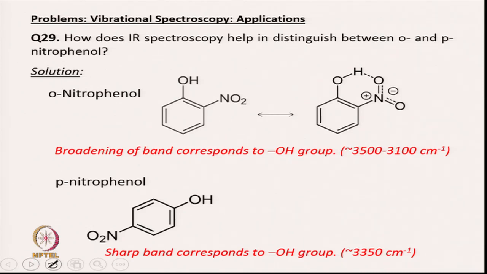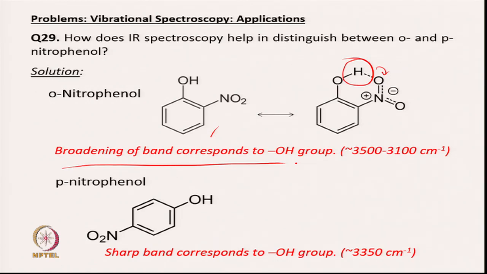Okay, so the next question is how we can use IR spectroscopy to distinguish between ortho and para nitrophenol. You know that in ortho nitrophenol, the hydrogen of the OH group in phenol is hydrogen bonded with the nitro group, and that leads to broadening of the band.